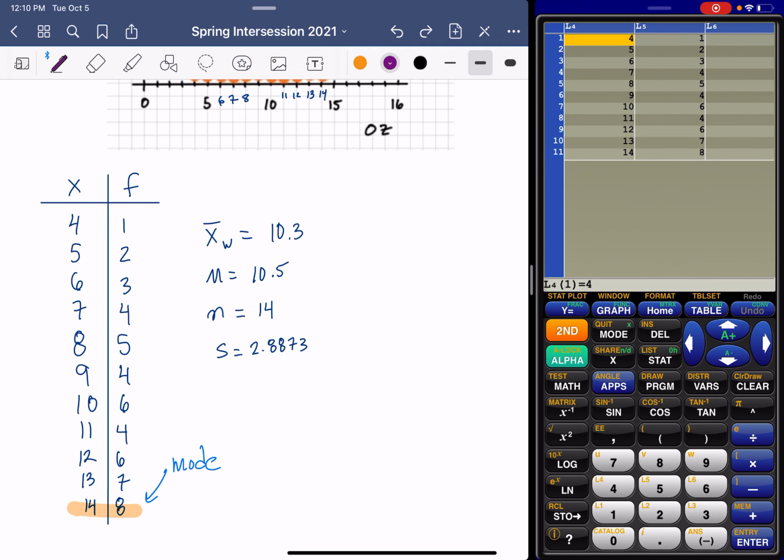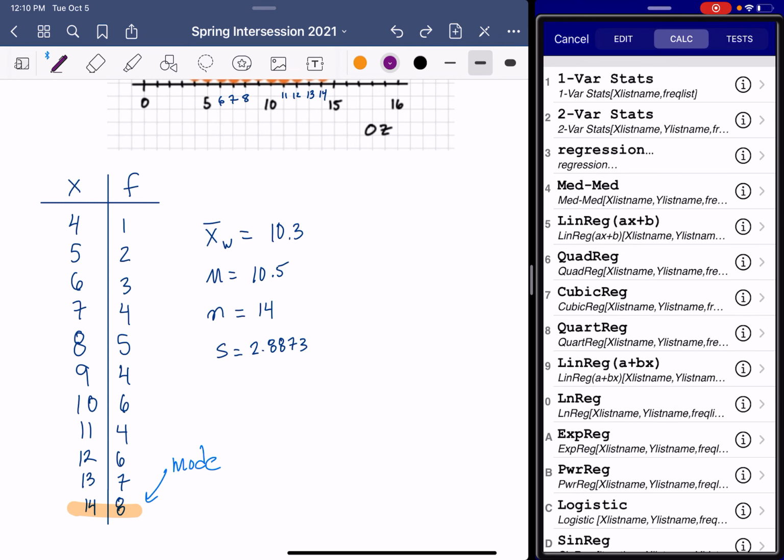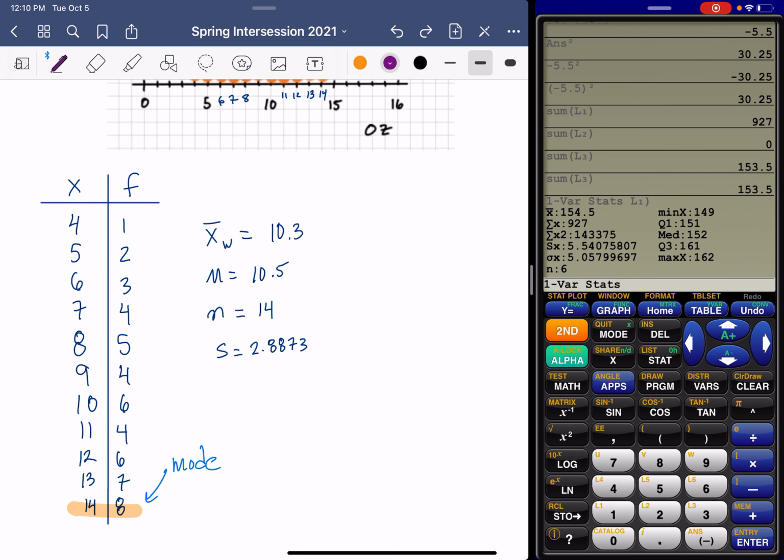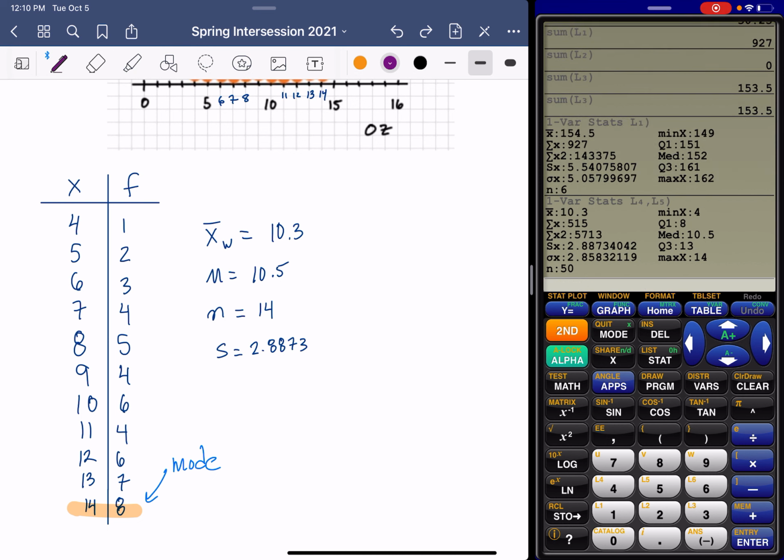So we click Stat, Calc, One-Var Stats, L4, comma, L5, Enter. The mean is 10.3. The median, in the second column, is 10.5, and the standard deviation is right there, 2.8873. That's all you do: copy those values and you're done.